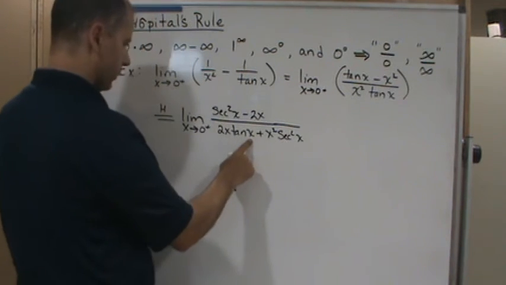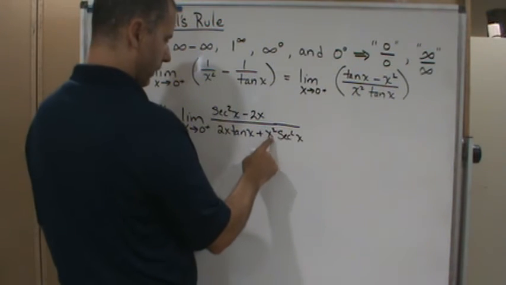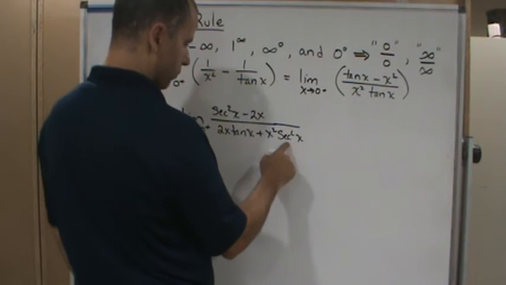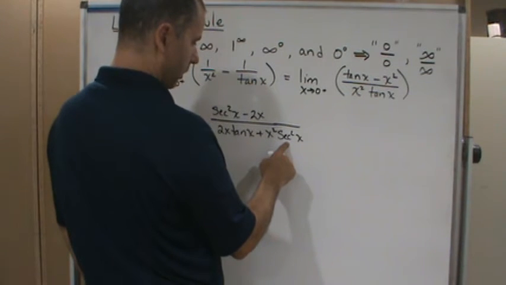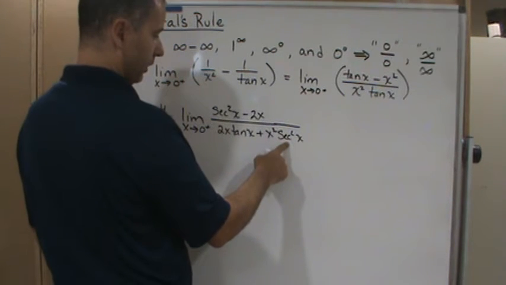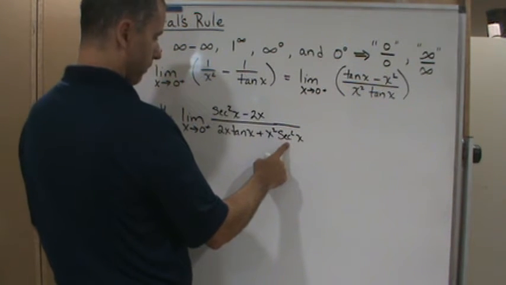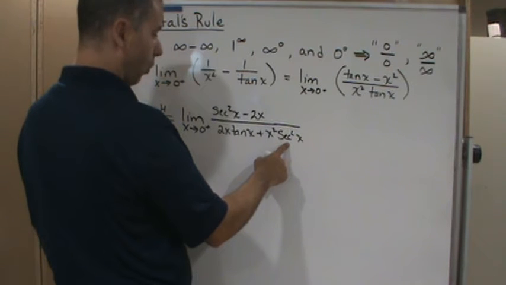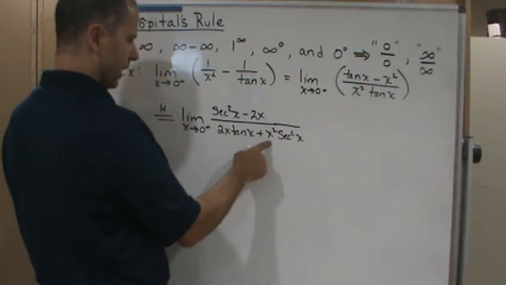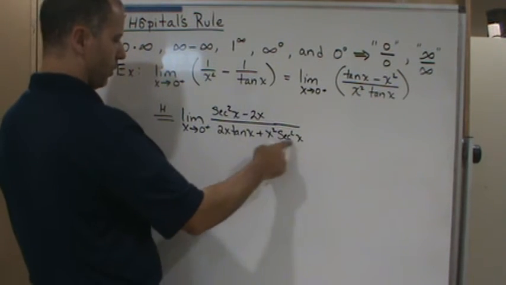Okay, so this is going to go to 0, this is 0, this is 0, this is 1 over cosine, right? So 1 over cosine, cosine goes to 1, so that's going to be 1, so this is going to 1. So 1 times 0 is 0. So this is going to 0.